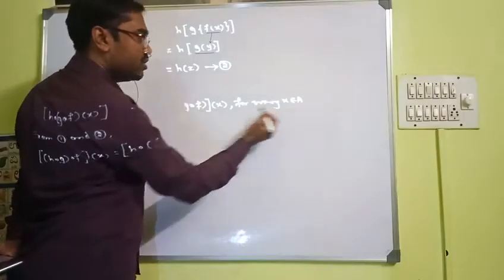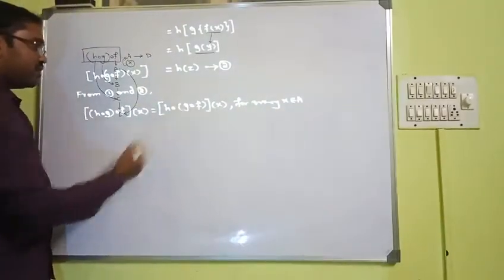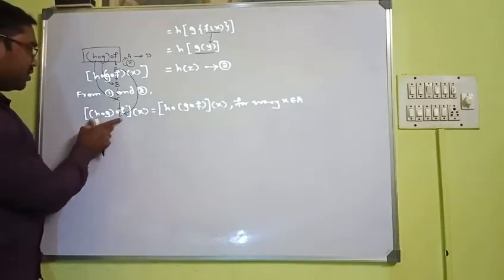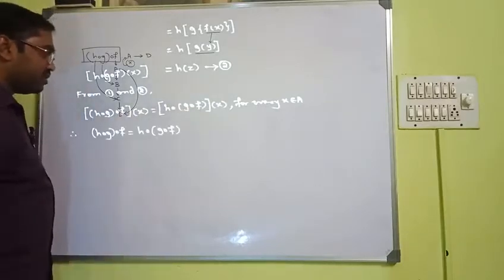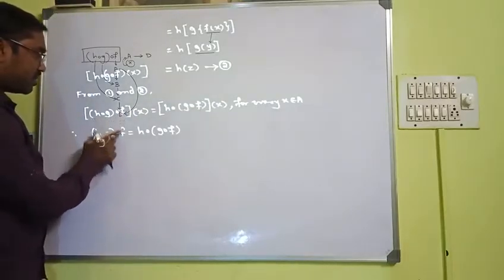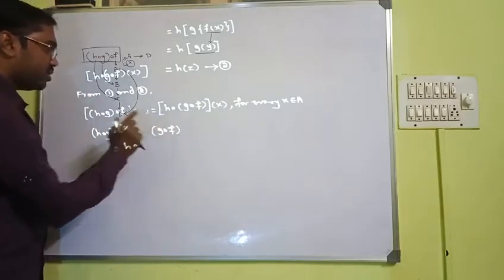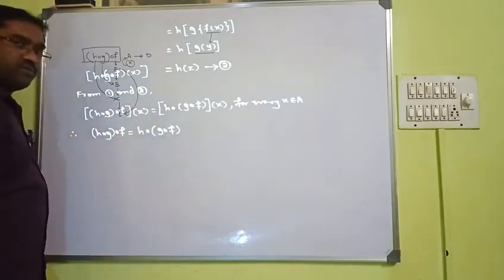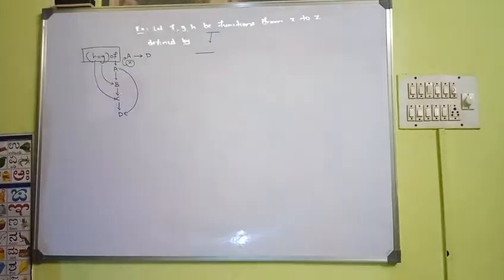From 1 and 2, this LHS is equal to this, for every x belonging to A. In general, we have proved it for any x, so it happens for every x. Therefore, this composition function is the same as this composition function. So it satisfies the associative property.